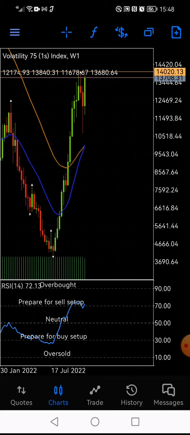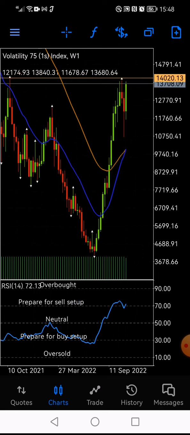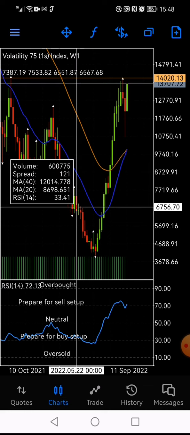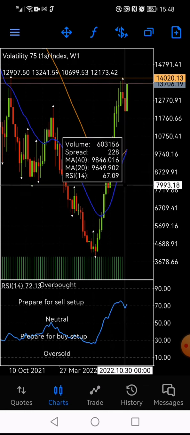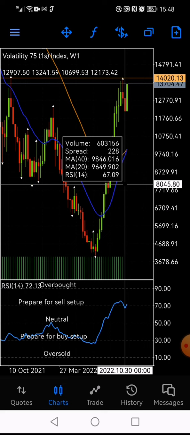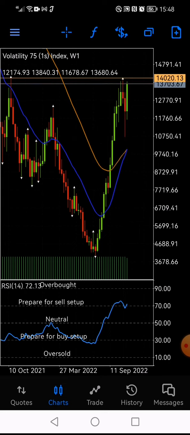Then it went back down. This level, they sold it. As soon as it hit that level, they started to sell heavily. And as they sold heavily, it came down to 10,699. Then the following week, which is the week it's coming from, they bought heavily, and they even went above the previous week's high.